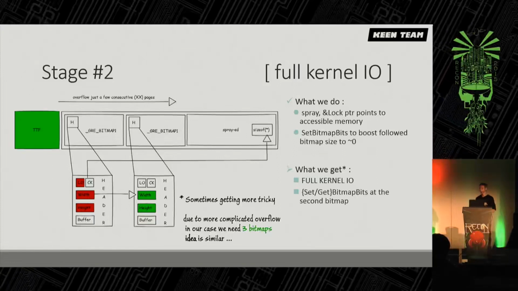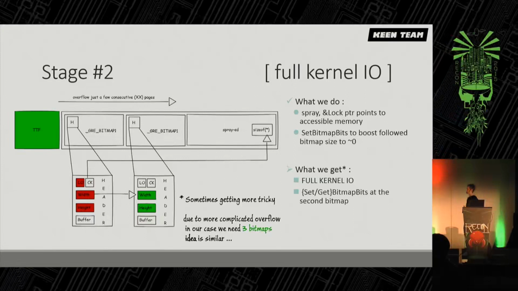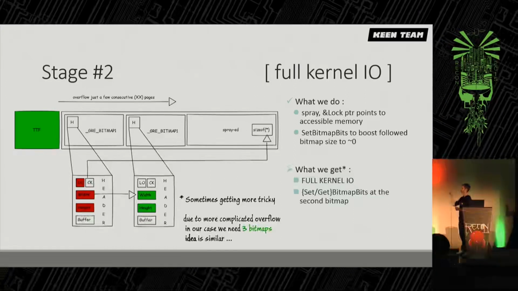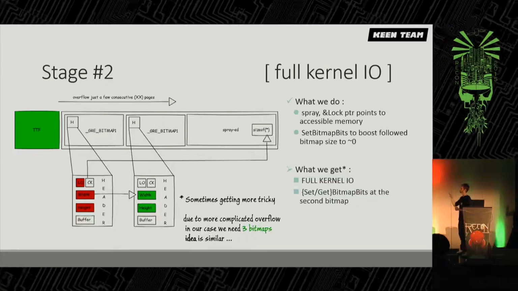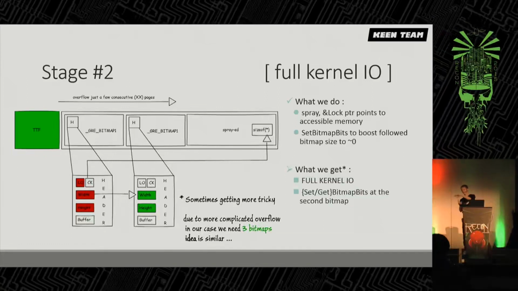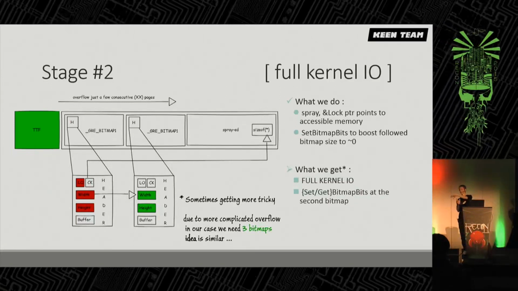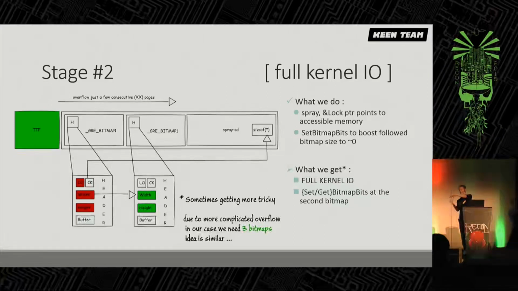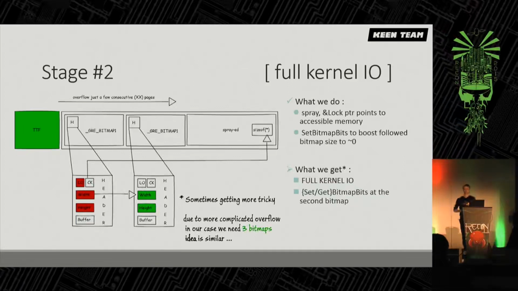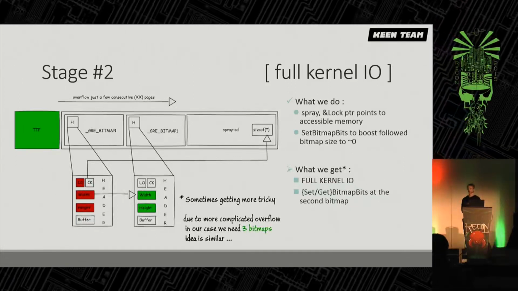In our case, we use the extra bitmap because, as I said, we were not able to directly change the properties of the first bitmap header. So we need to insert the third bitmap at the first place, use it to alter the second bitmap header, and with this, finally, we can alter the third bitmap and achieve full kernel input-output.